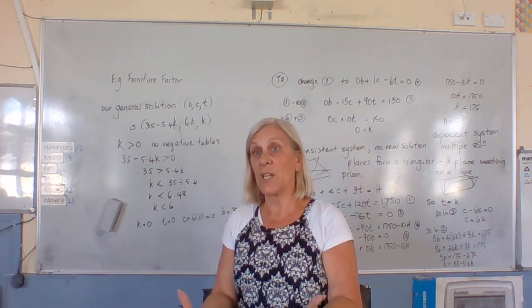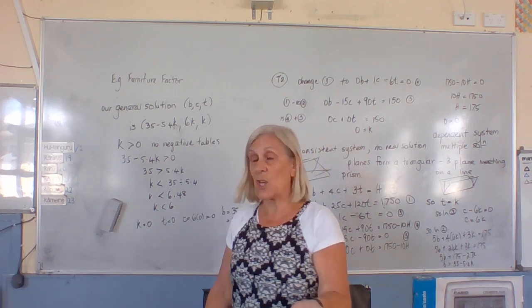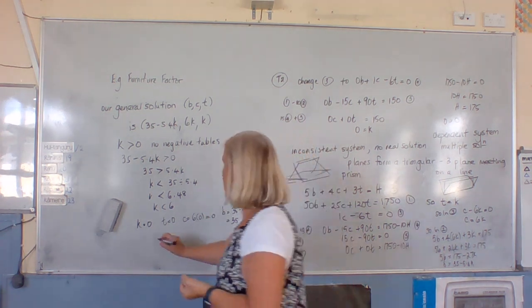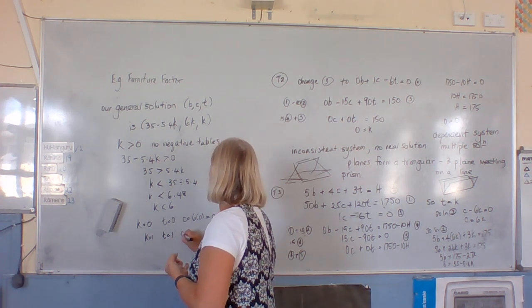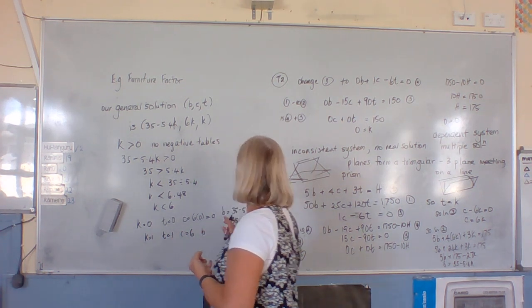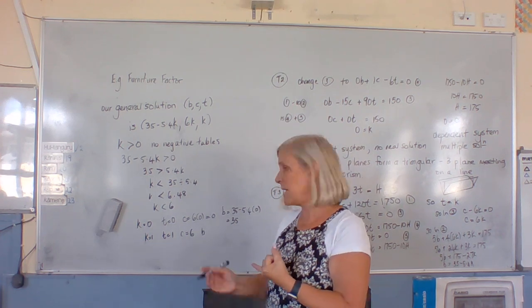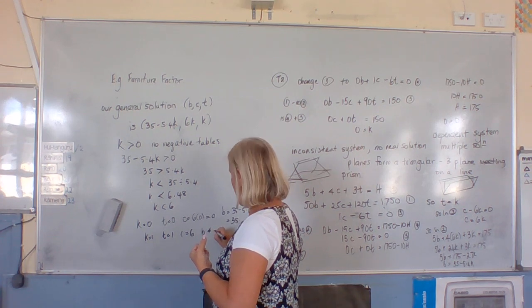So there's a solution that will work for his 175. He can make just 35 bookcases. If we try 1, we get T equals 1, C equals 6, and B equals 35 minus 5.4. We're into our half bookcases again. So B is not a good number.